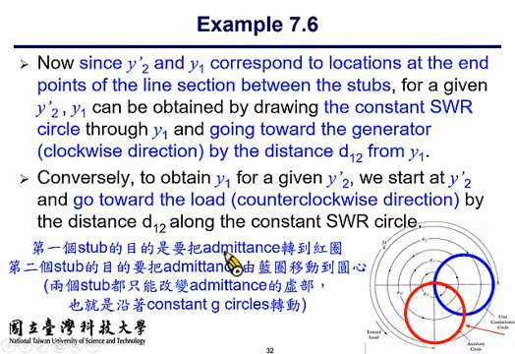So the objective of the first stub is to move the admittance to the red circle, and because the distance between the two stubs is 3/4 of a circle, that is 3/8 of a wavelength, the point on the red circle will be moved to the blue circle.